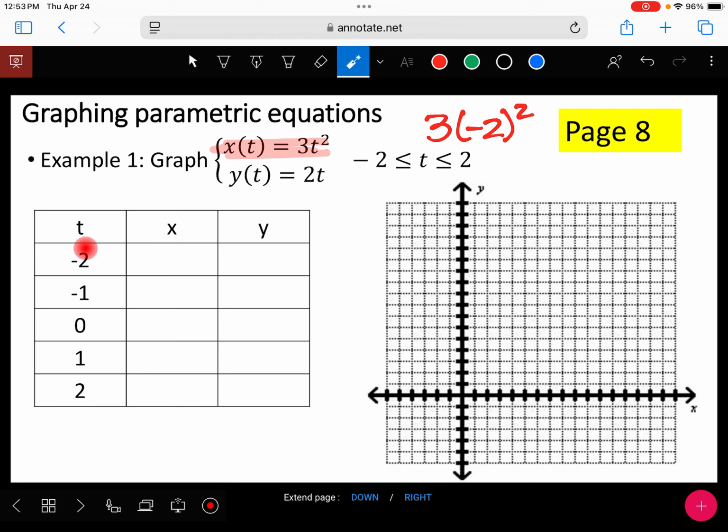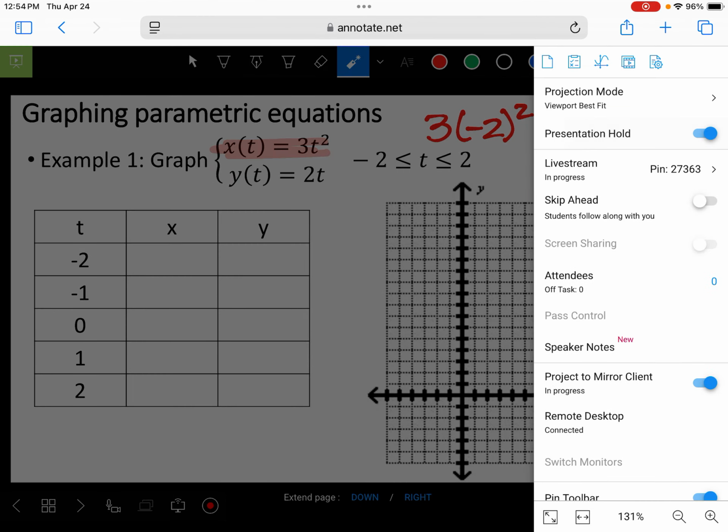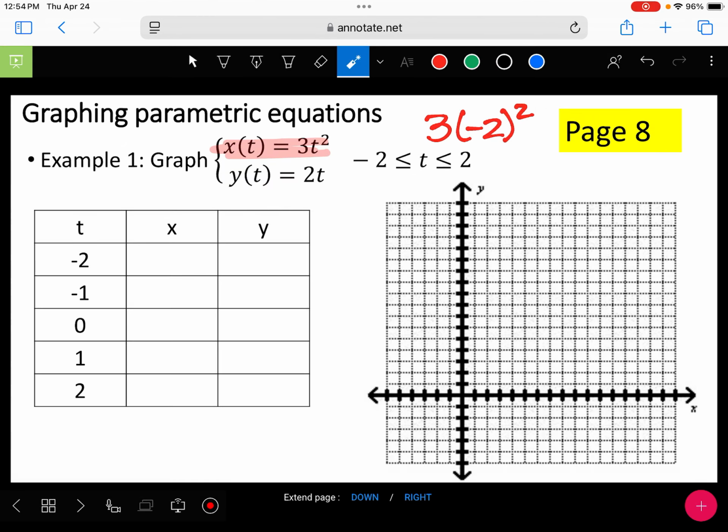So you're substituting all 5 of these numbers into your x parameter. And you're going to give me 5 x values. And then we can compare our answers.